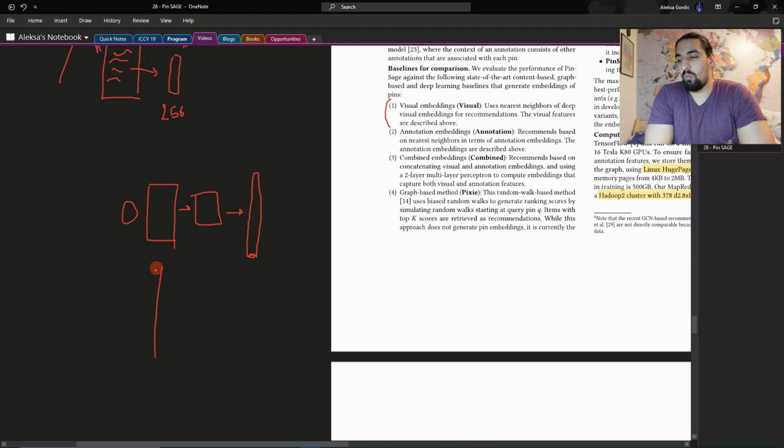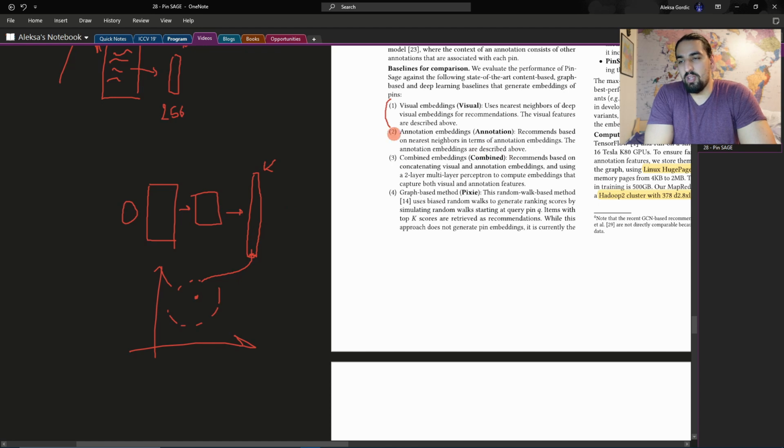And once you embed this into the embedding space, how this simple baseline recommends is just using k nearest neighbors, the same as PinSage. It just has a much less delicate method. It doesn't use the graph structure. It's a content recommender system.